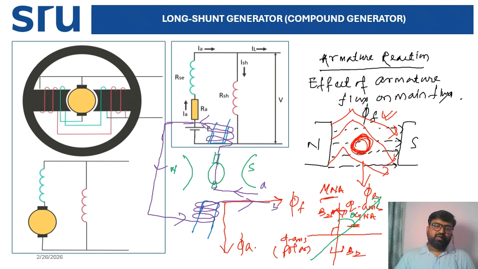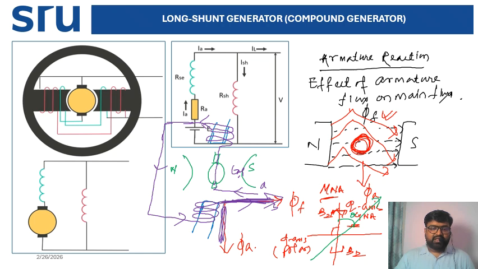What is the main reason to add this resistance? When the current is flowing across this one, the armature will develop some EMF, and here again the current will go to these conductors, that is the field conductors, but as it is connected in series, what will happen? It also generates some opposite EMFs. As we have already drawn, the field flux is this, and the armature flux is this.